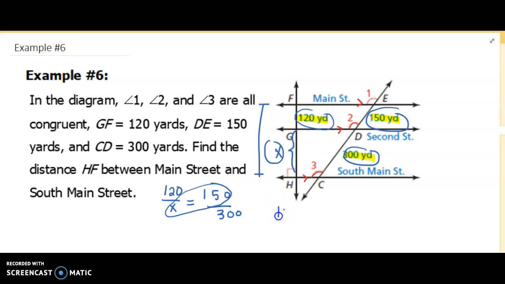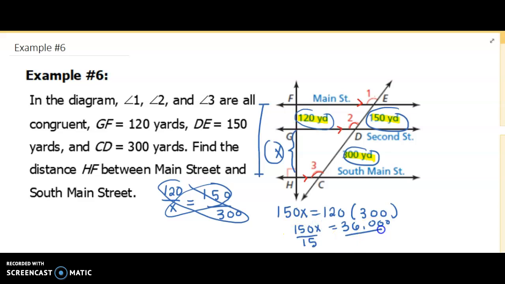So 150 times X is 150X equals 120 times 300. If I put that in my calculator, 120 times 300, I get 36,000. That's a lot. Equals 150X. Solve for X, divide by 150. I get X equals 240. So this here is 240 yards.